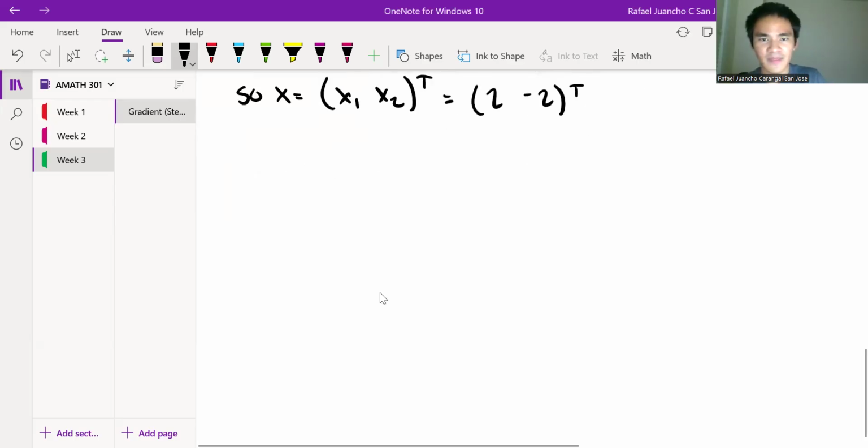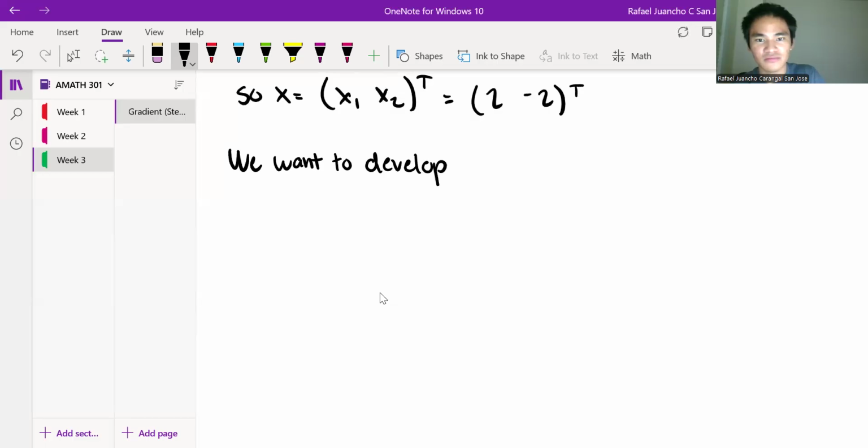So here we want to develop an iterative scheme towards this solution.